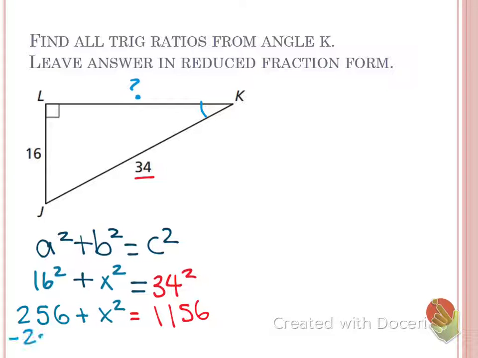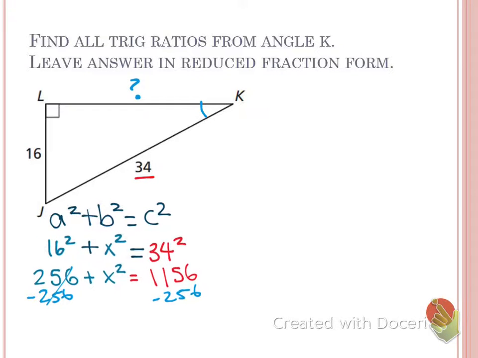Subtract the 256, which means x squared equals 900. Take the square root. That means that missing side is 30.